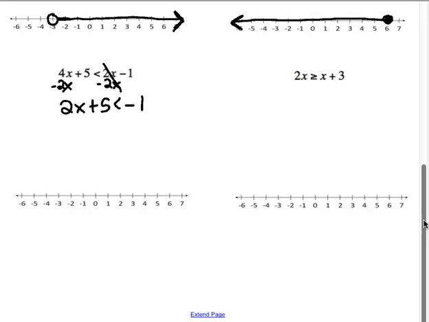Now subtract 5 from both sides. -1 minus 5 is going to be -6, and divide by 2. So here, my value is at -3, an open circle, because it's strictly less than. I don't want to include that -3. And less than means it's facing the negative values.